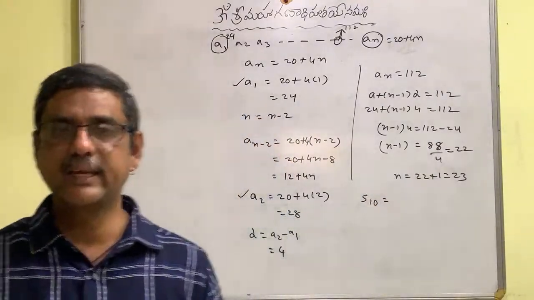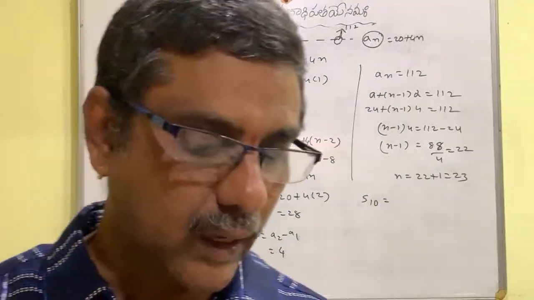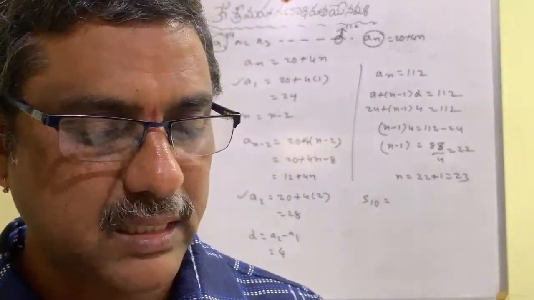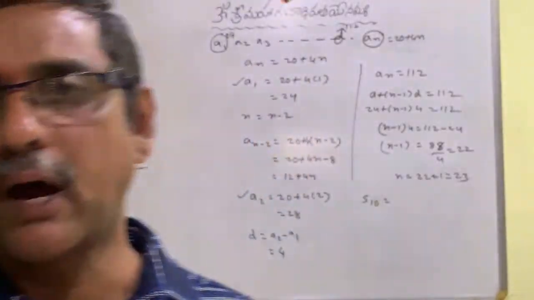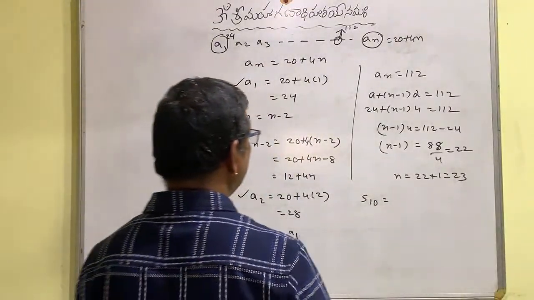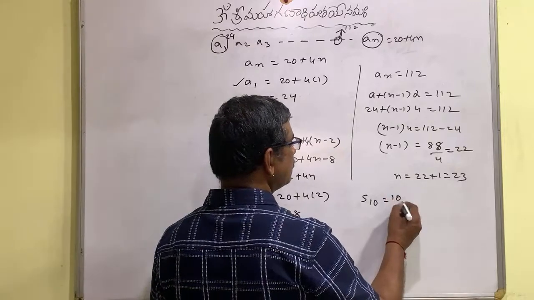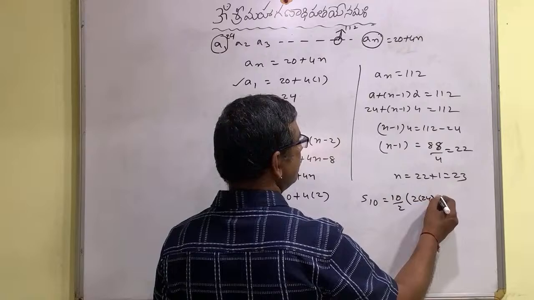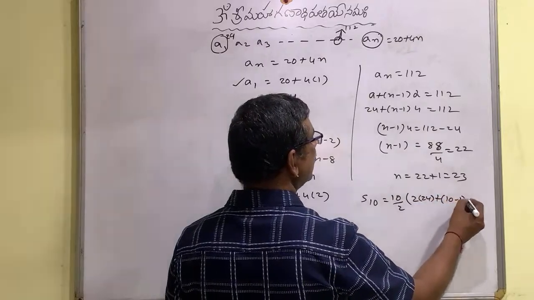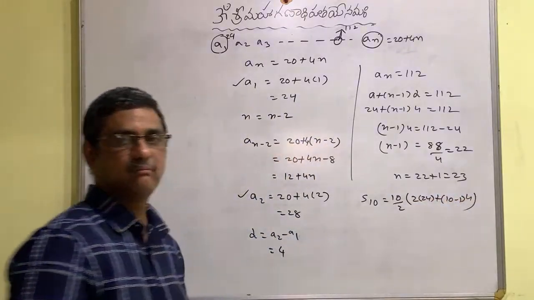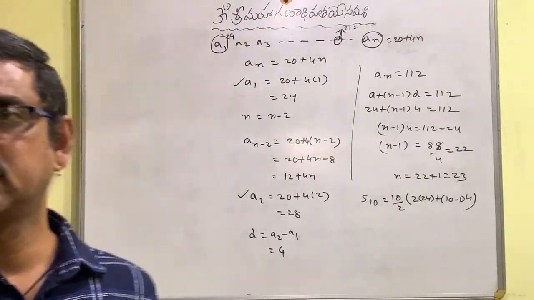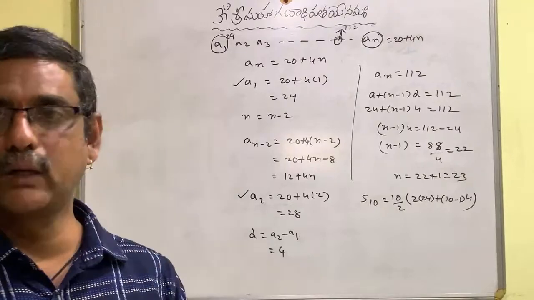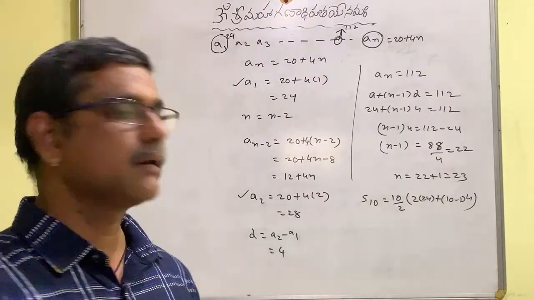S10 is 10 by 2 into (2a plus (10 minus 1) into d).